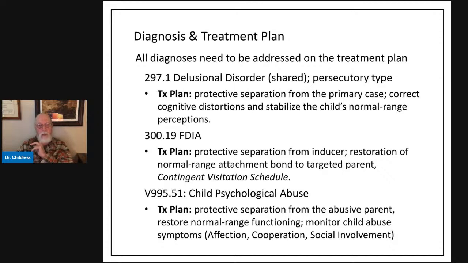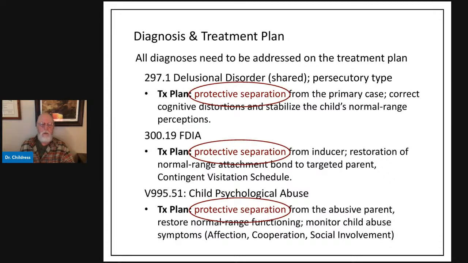For the child's psychological abuse, it would be protective separation from the abusive parent, which is the treatment for all forms of child abuse. And then we would restore the normal range functioning of the child and monitor the child's psychological abuse symptoms, which would be affection with the targeted parent, cooperation with the targeted parent, and social involvement. So that would be what the associated treatment plan features for the various diagnoses would look like.